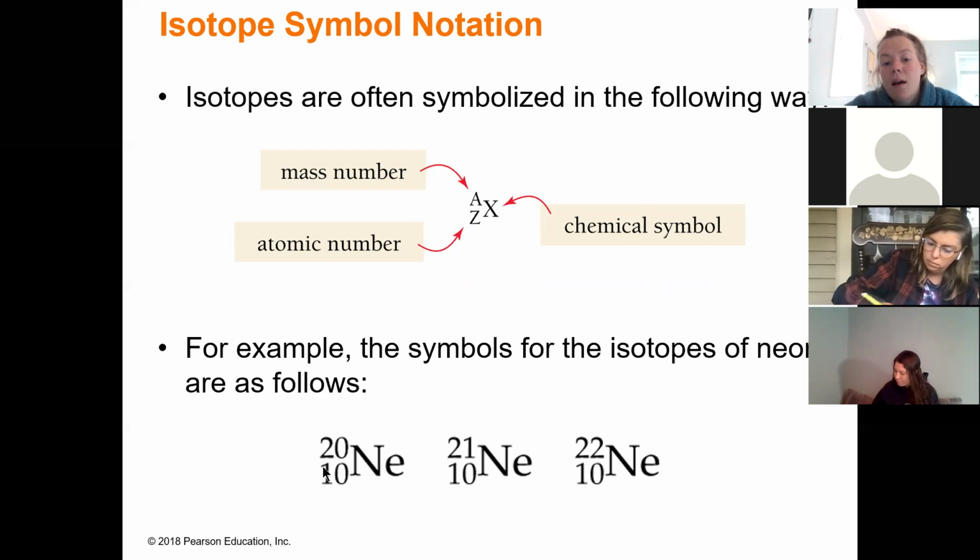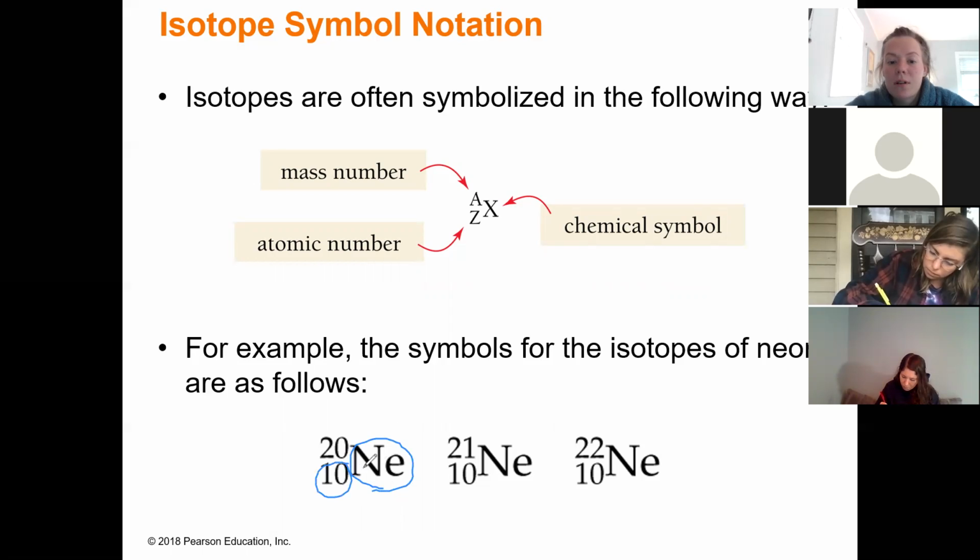Then you have the atomic number, which is the number of protons. For me, this is sort of redundant, because if you know what element it is, you already know this number. Those are bound to each other. That's why it's 10 at each one, because they all have 10 protons. The number in the upper left-hand corner is the one that's going to shift.